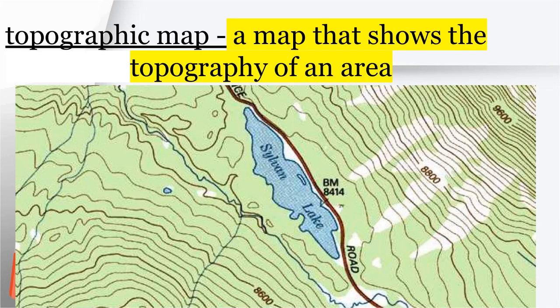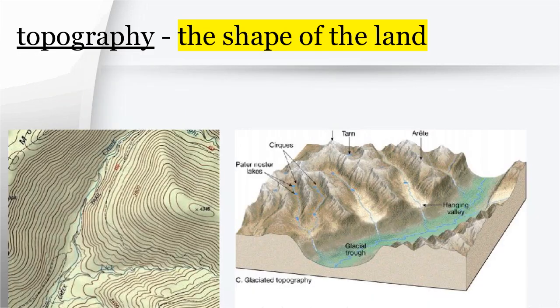So now that you've seen a couple of different topographic maps, we should probably define what a topographic map is. A topographic map is a map that shows the topography of an area. I guess we need to know what topography is then. Topography means the shape of the land. So is it really hilly? Is it really flat? Are there a lot of valleys?